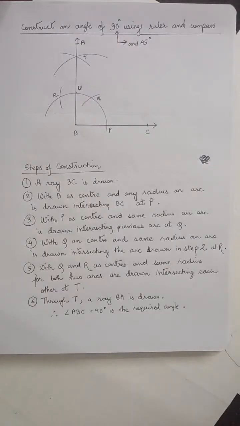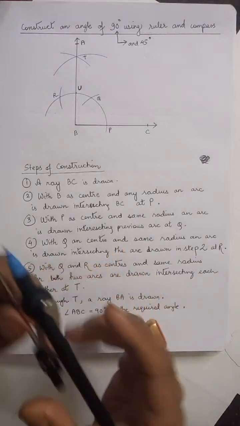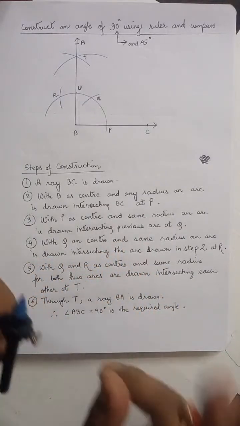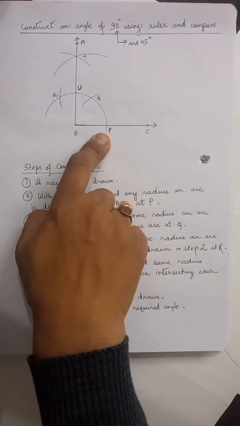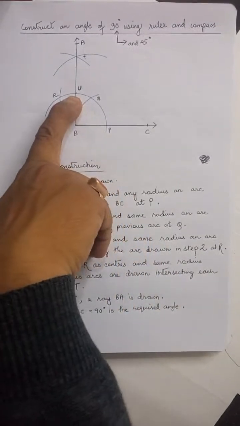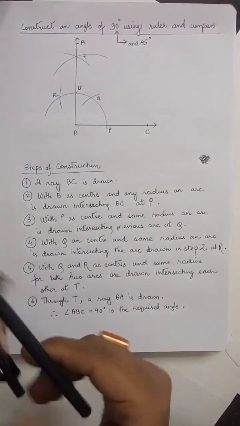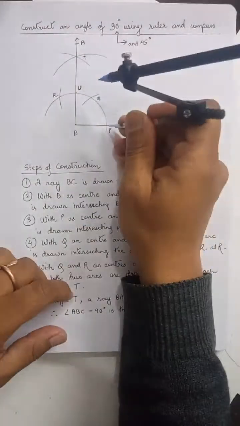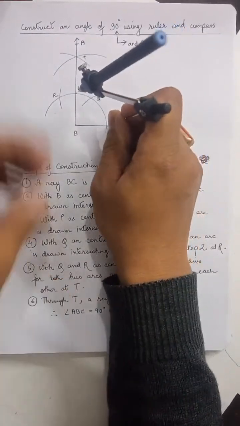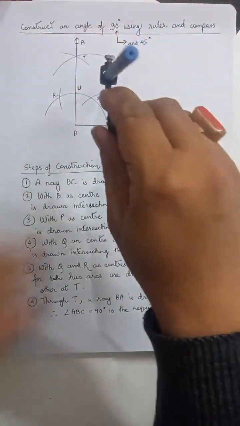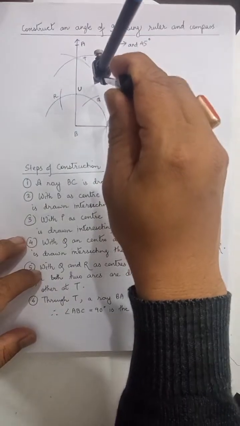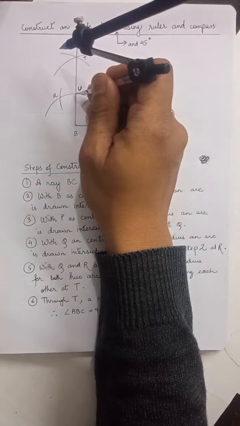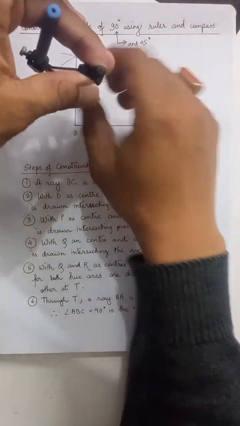So what we'll do, we will adjust the compass accordingly, and we will draw two arcs, one from point P and another from point U. So this is our first arc, and this will be our second arc.